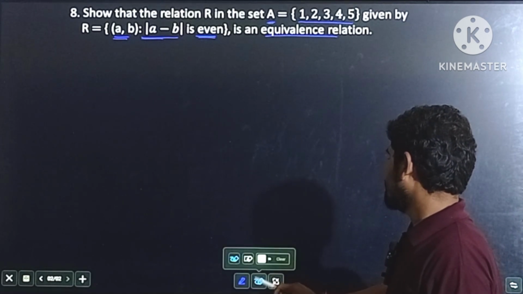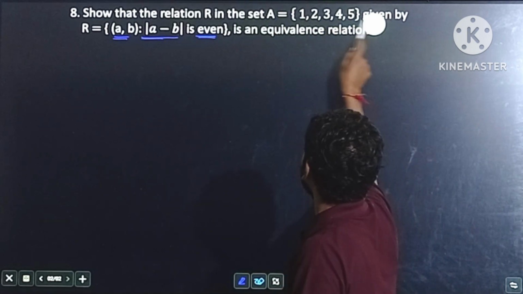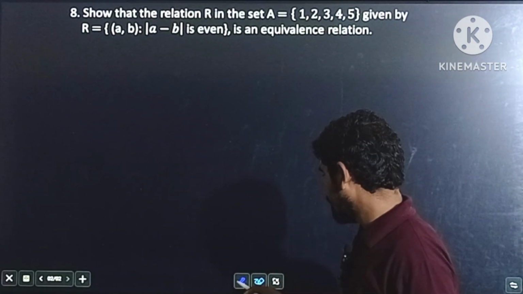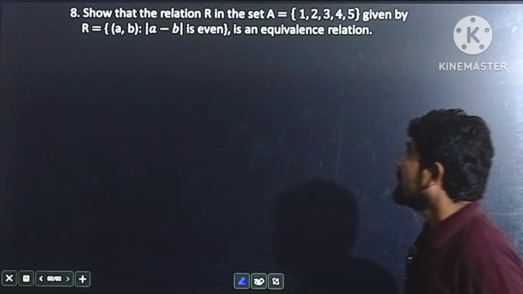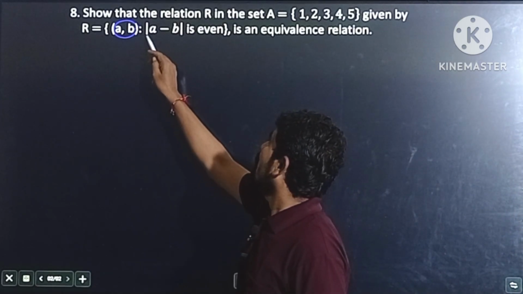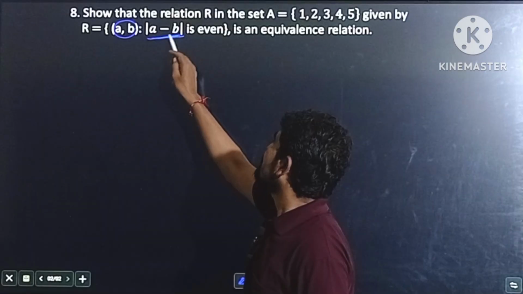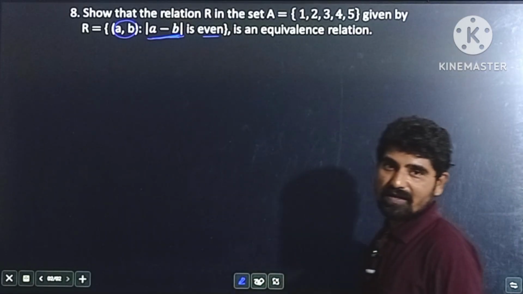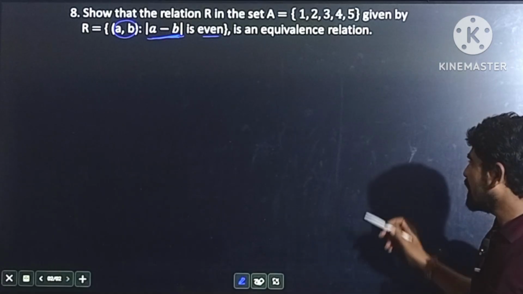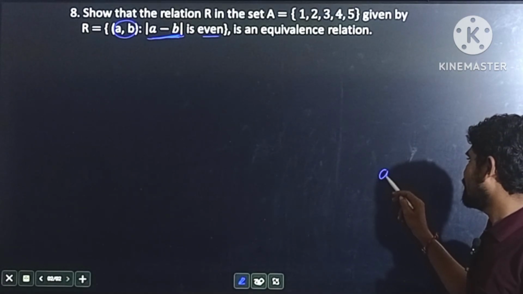See here, this relation is defined on the set A consisting of totally 5 elements 1, 2, 3, 4, 5. The relation between first and second elements is that the modulus of the first minus the second element is an even number. So for reflexivity, suppose I consider one of the elements.